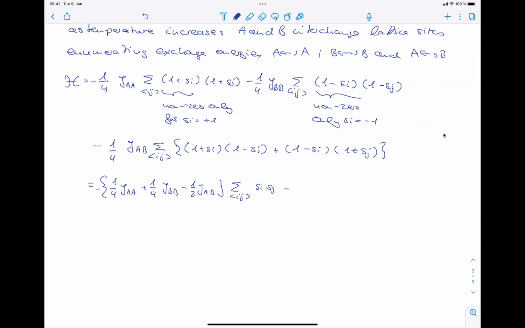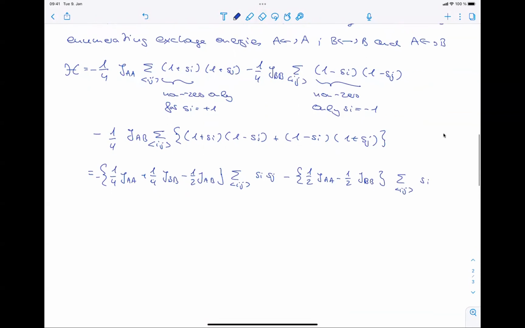And then the second one is the sum over the linear terms, which we also get if we have 1 times Sj or 1 times Si. And I have a constant that's left over.